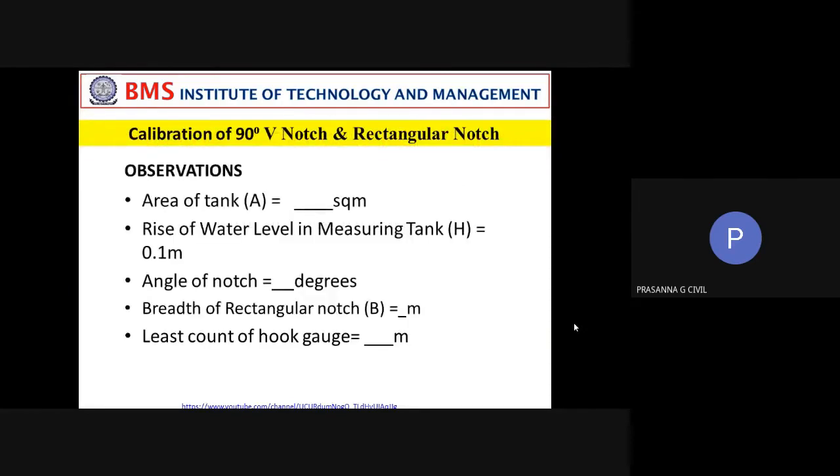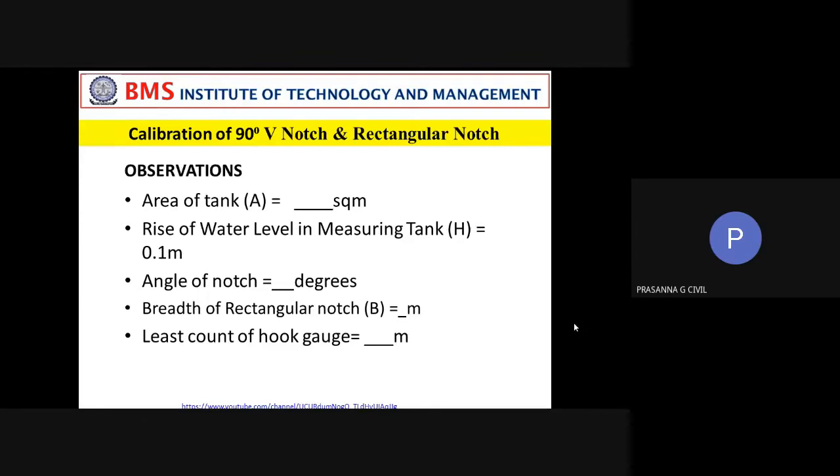Coming to the tabulation, we require certain observations which include the area of the collecting tank to be recorded in square meters, the rise of water level in the measuring tank, usually taken as 10 centimeter rise, so recorded as 0.1 meter, and the angle of the notch.